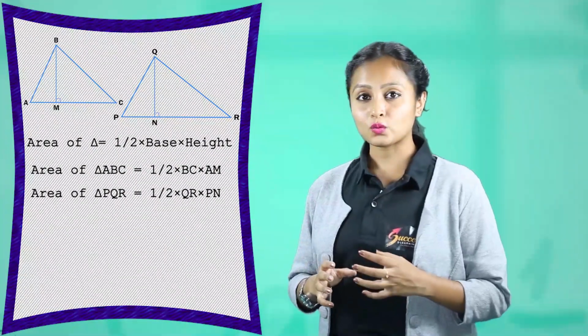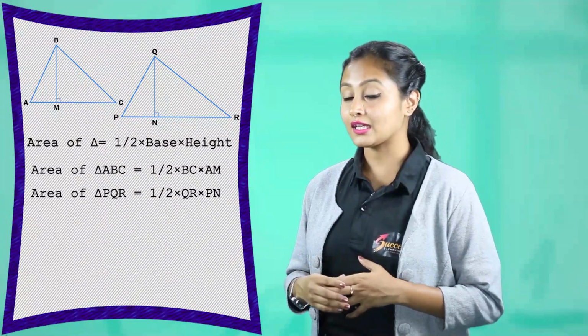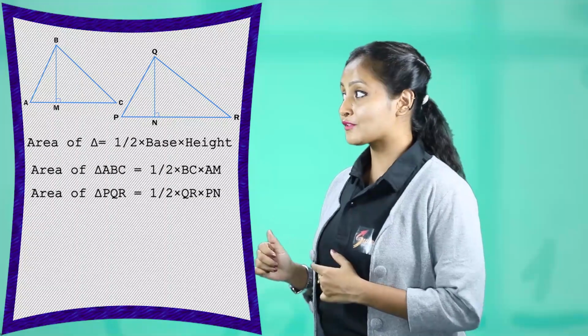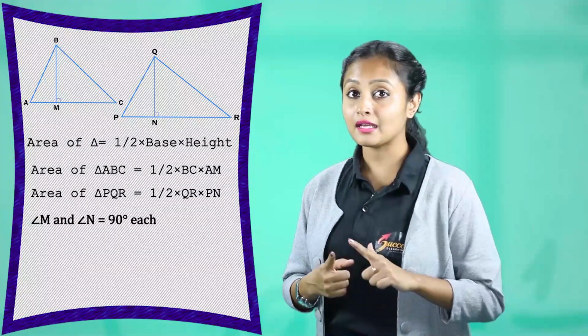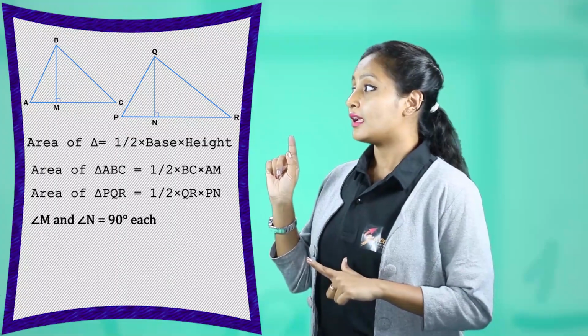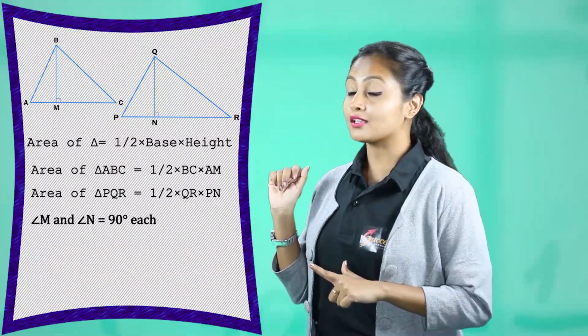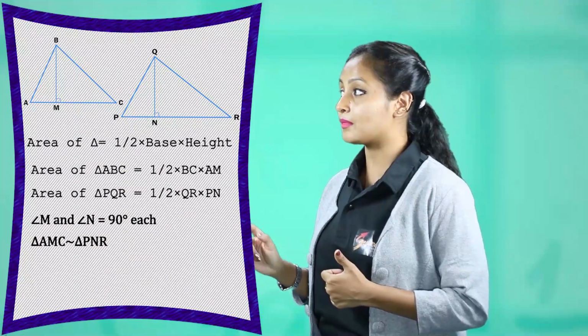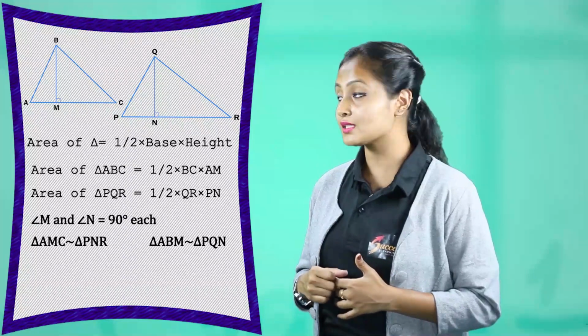Now we know the side criterion and the angle criterion of the triangles. From this figure we know that angle M and angle N are 90 degrees each, which means triangle AMC and triangle PNR are similar. Similarly, triangle ABM and triangle PQN are similar.